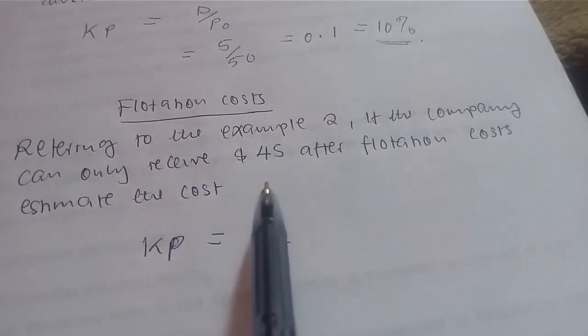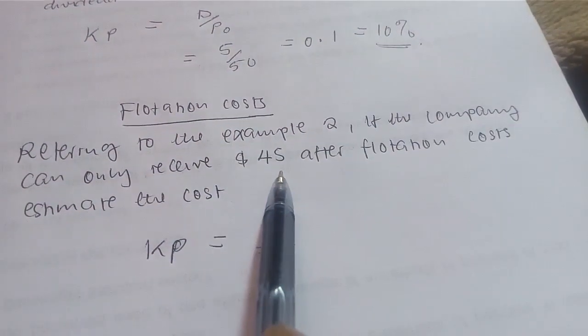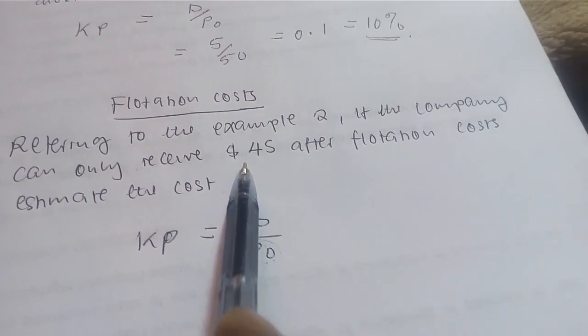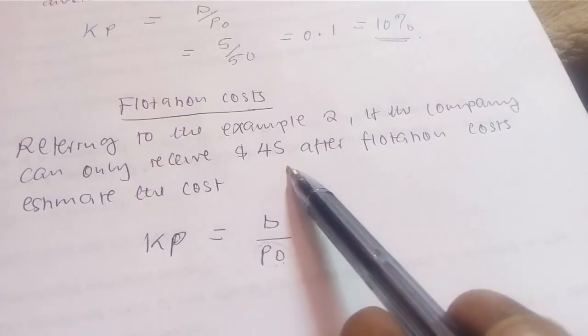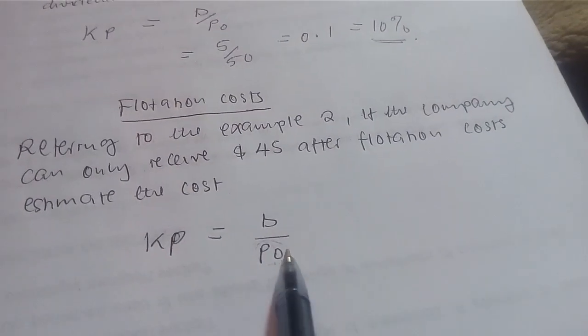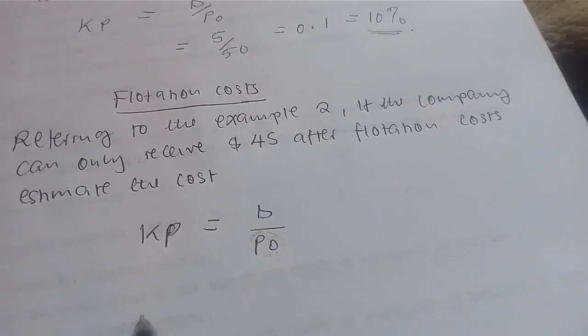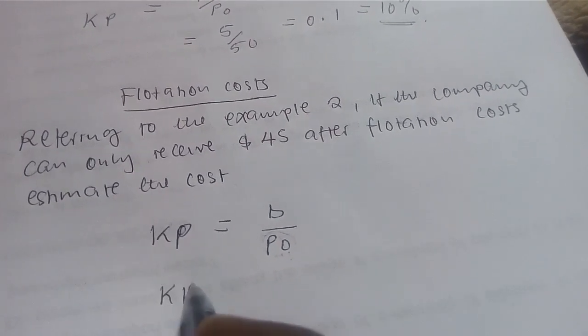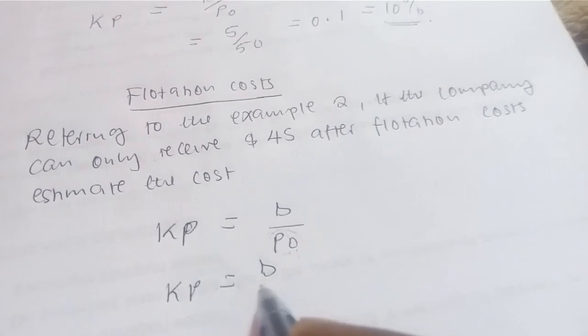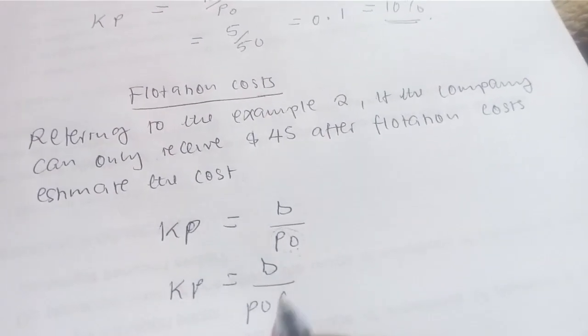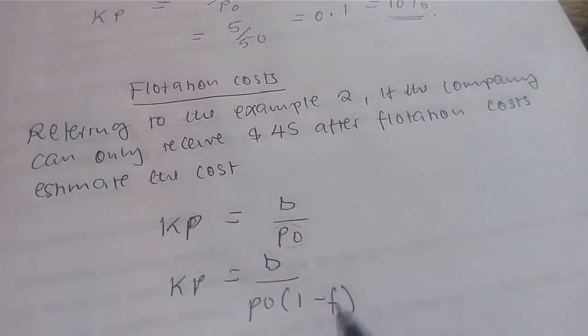So in an event where the price hasn't been given after the flotation cost, maybe just a percentage was given, then we have to make some adjustment to this formula. We have to factor in the flotation cost. In that case, our formula becomes Kp equals D over P0 times (1 minus flotation percentage).